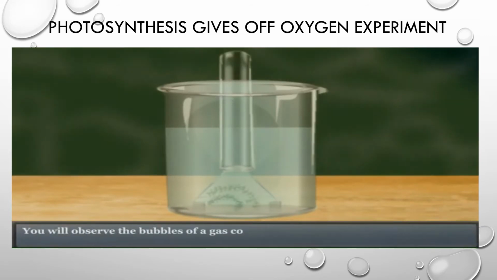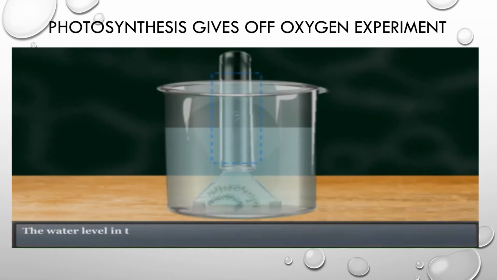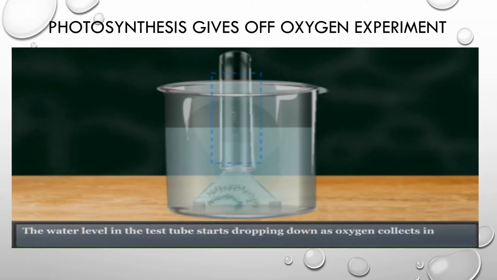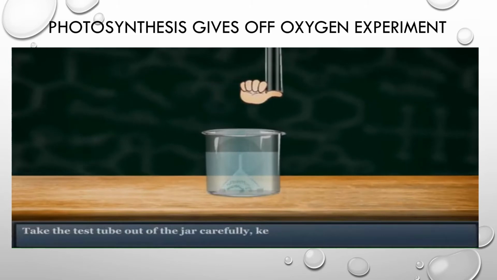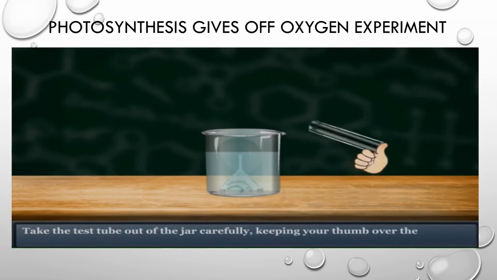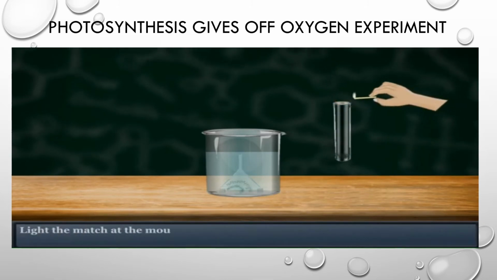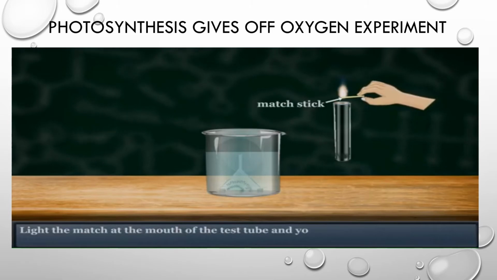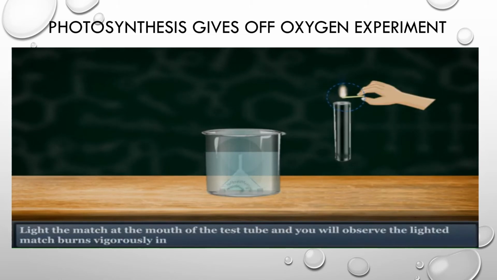Take a beaker and fill three quarters of it with water. Place some hydrilla plant into the beaker. Put an inverted glass funnel over hydrilla plant. The plants should be trapped under funnel at the base of the beaker. Take a test tube filled with water and hold your finger or thumb over the top of the test tube and gently turn the test tube over into the stem of the funnel. Place the beaker in the sunlight for photosynthesis to take place. You will observe the bubbles of a gas coming from the leaf of the hydrilla plant. The water level in the test tube starts dropping down as oxygen collects in the test tube. Take the test tube out of the jar carefully, keeping your thumb over the test tube. Light the match at the mouth of the test tube and you will observe the lighted match burns vigorously, indicating the presence of oxygen.